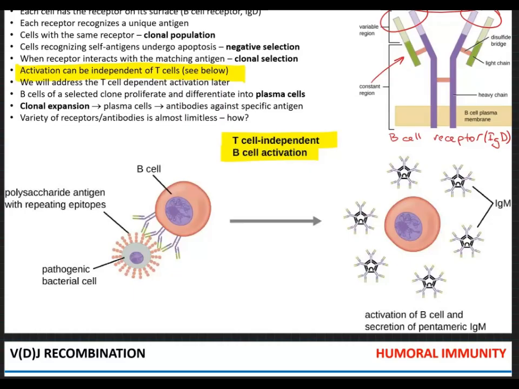So the question is, how do we create that practically infinite array of different B cell receptors, different antibodies with different specificities? It's inconceivable that humans have billions and billions of different genes.